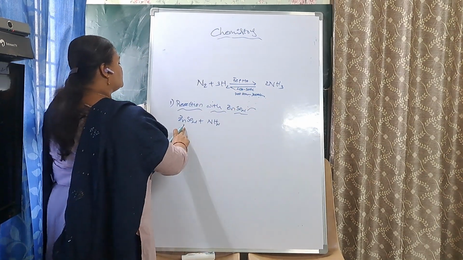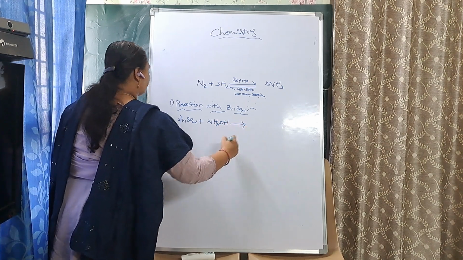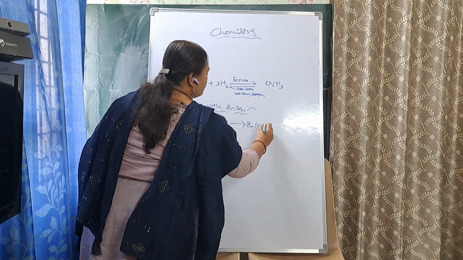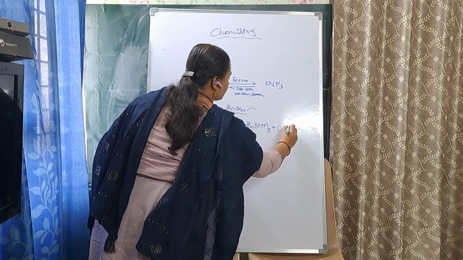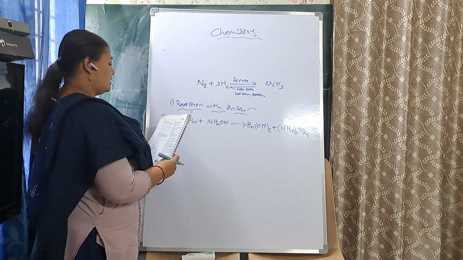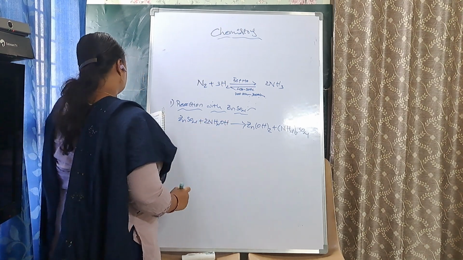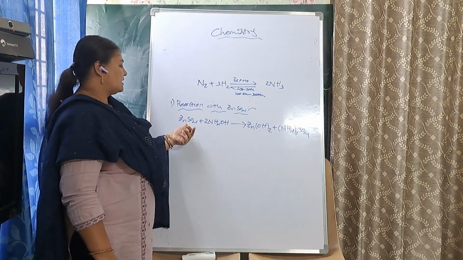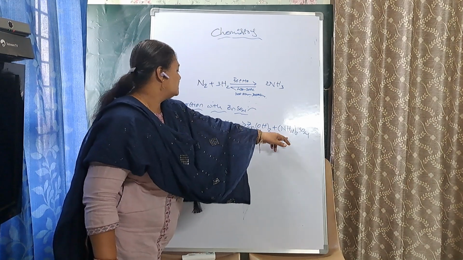Okay, so when zinc sulfate reacts with ammonium hydroxide, we get zinc hydroxide plus ammonium sulfate. Okay, now this is the reaction.